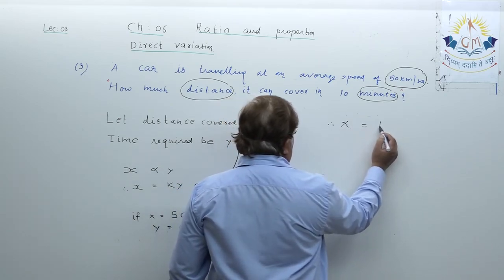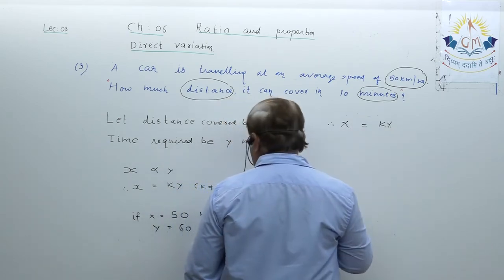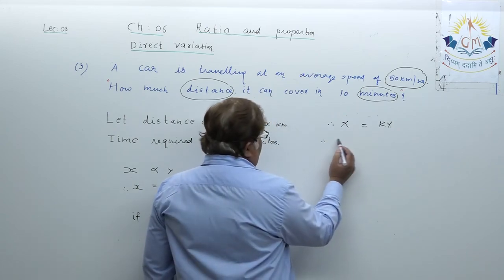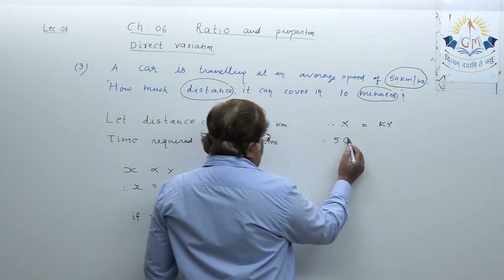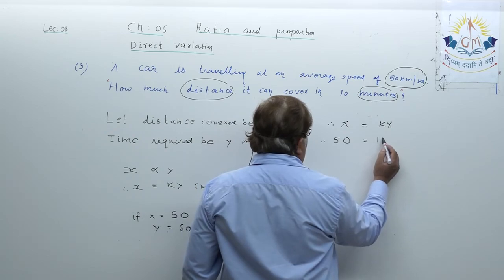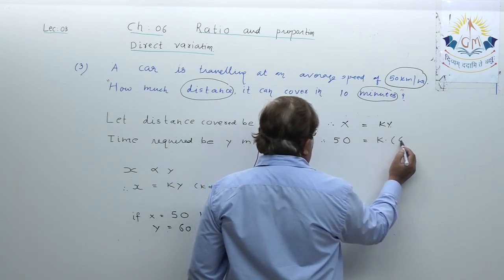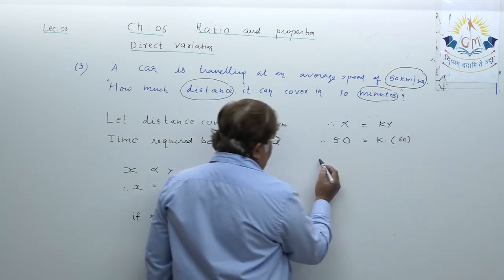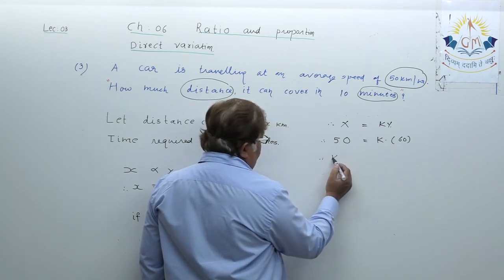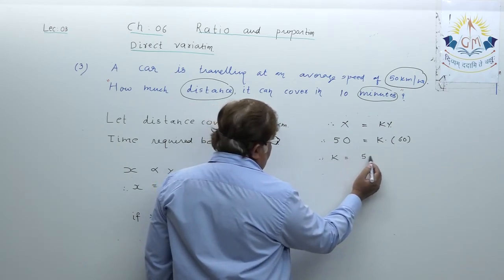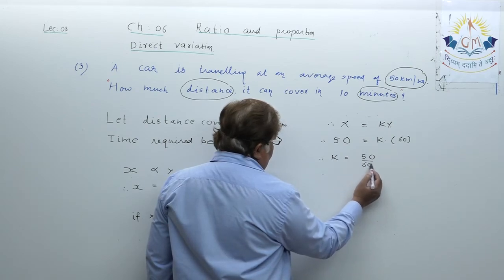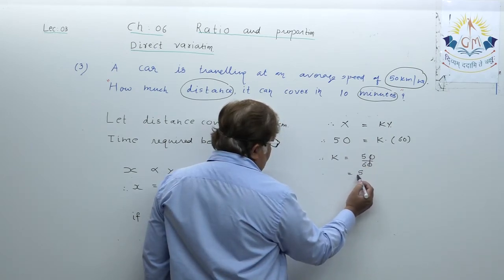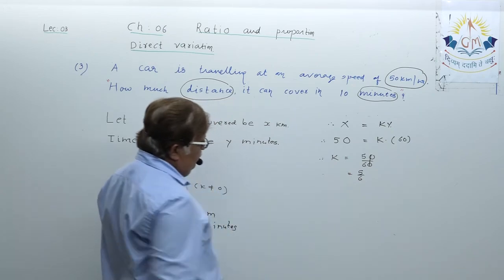Therefore, x equal to ky is 50, k into y, that is 60. So k equal to 50 upon 60, which is 5 upon 6.